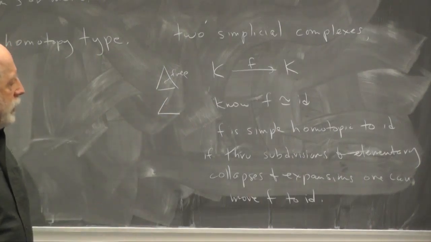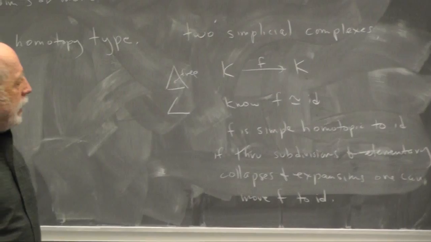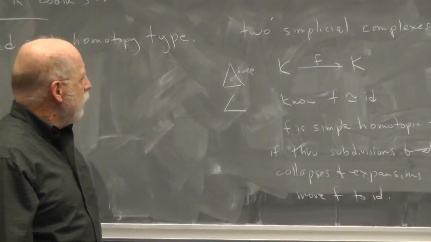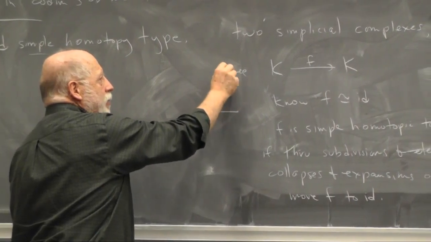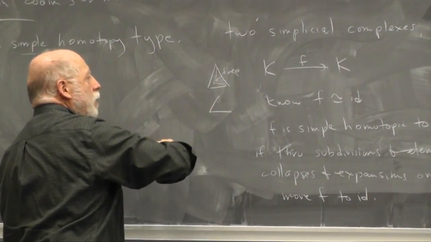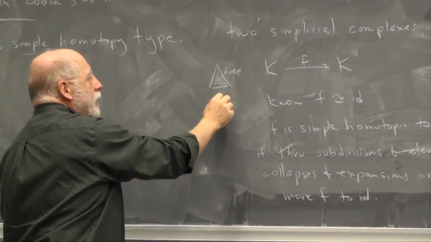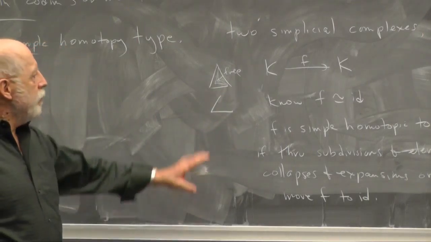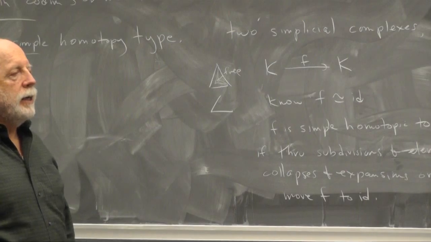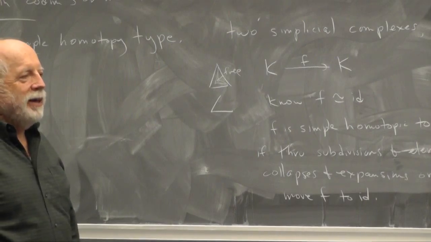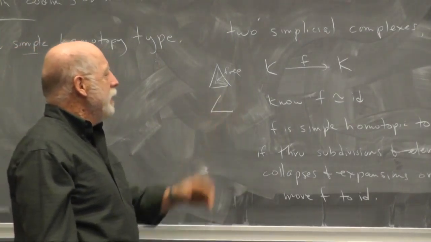And you can subdivide. So that gives you a homotopy, because after all, just pushing this in is a homotopy. You can see it going in. And expanding back out, that's a homotopy. So this is a nice kind of homotopy, a simple one. Yeah, so that's a simple homotopy type.